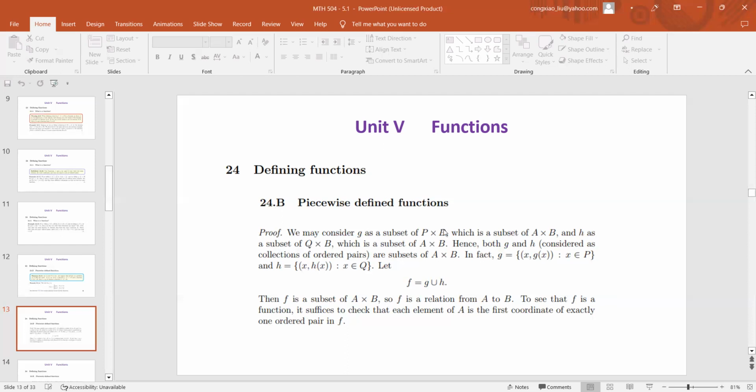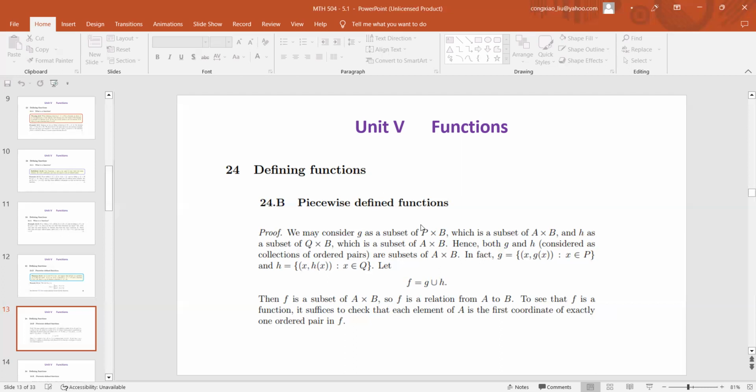There are some elements in set B not paired with any element in set P. So that's a function, and this function g as a set of pairs is a subset of P cross B.